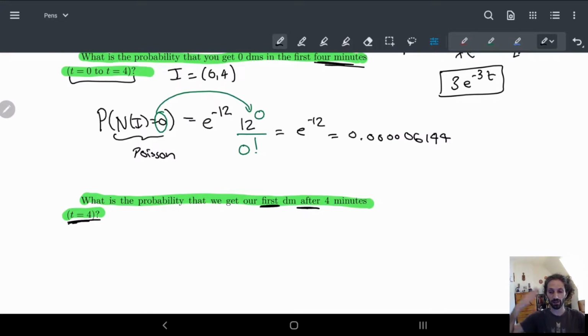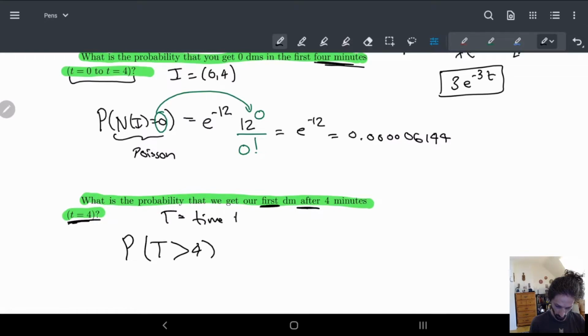This is not a Poisson thing. So we want to look at when we have t greater than 4, where t is the time to first DM.